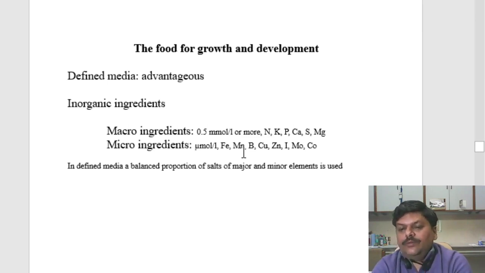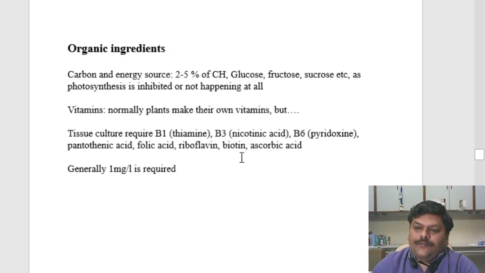Microelements, required in micromolar concentrations, are iron, manganese, boron, copper, zinc, iodine, molybdenum, and cobalt. In defined media, it has been defined which composition is required at which concentration. We will discuss it in subsequent slides.